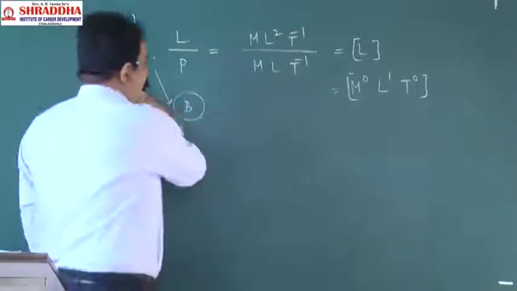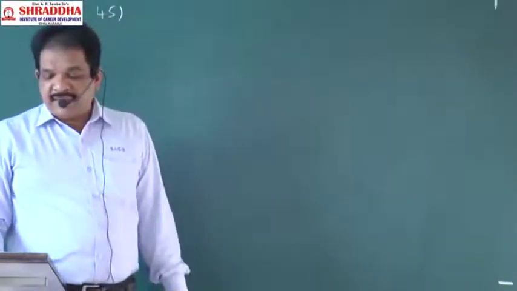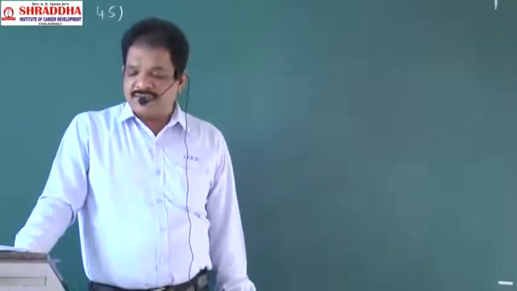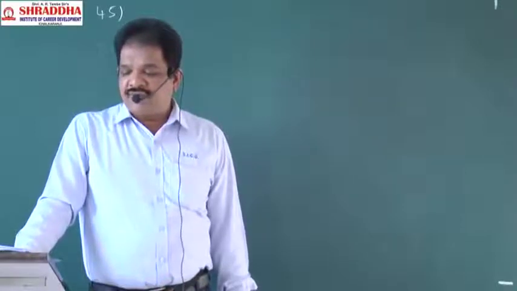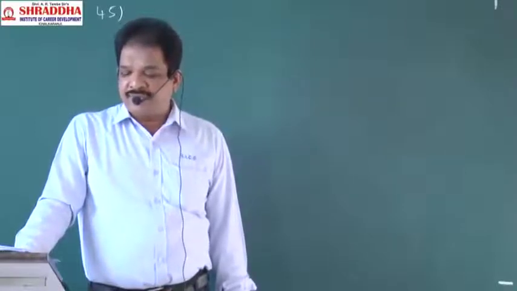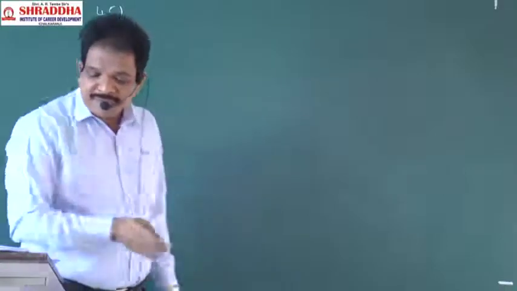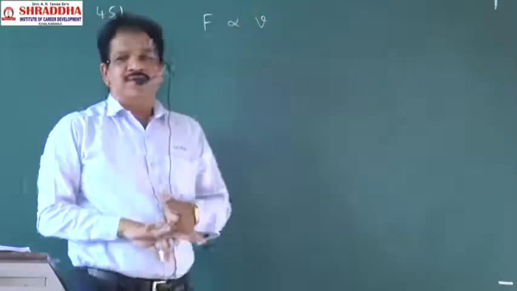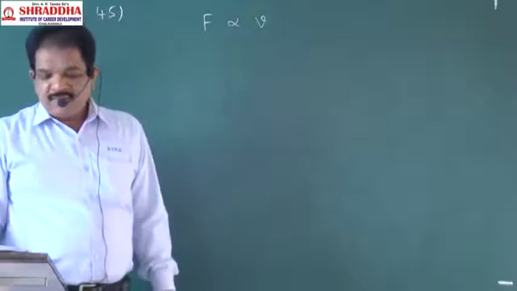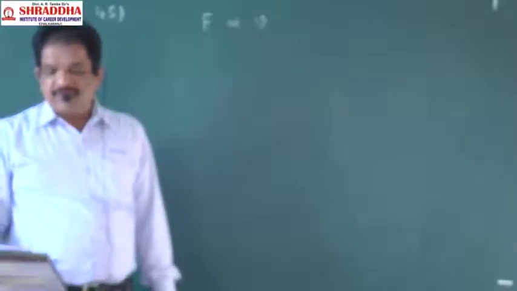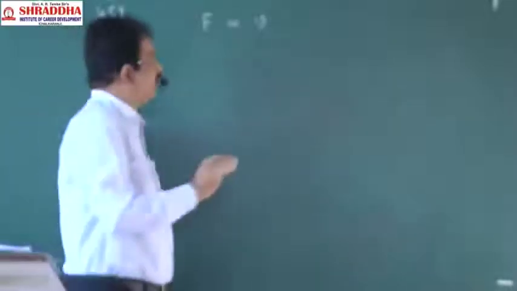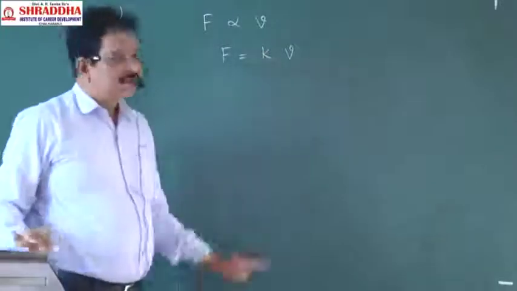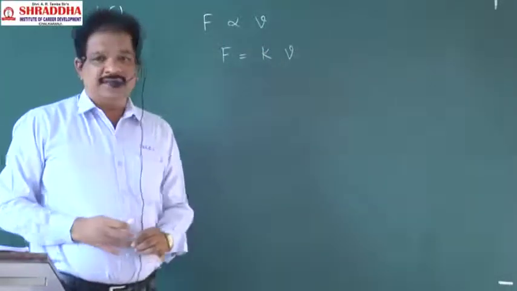Next, 45. The viscous force acting on a body moving through a liquid is proportional to its velocity. What is the dimensional formula for the constant of proportionality? Viscous force is directly proportional to velocity. F is equal to K into V, K is the dimensional constant.